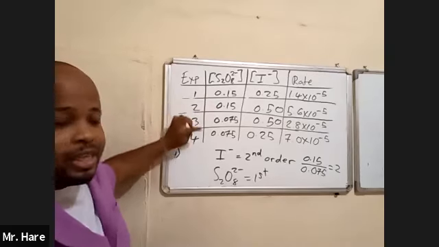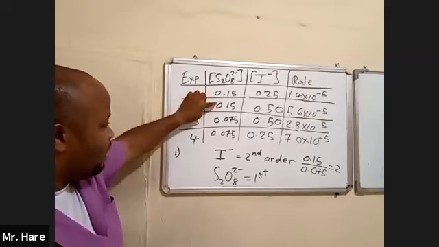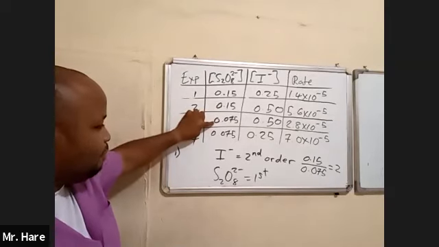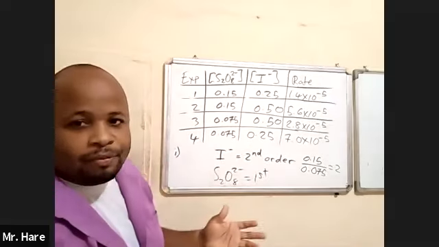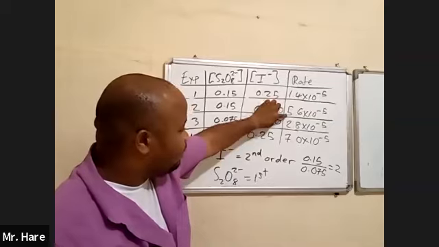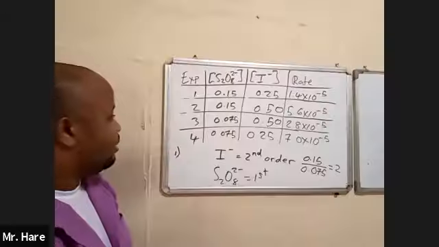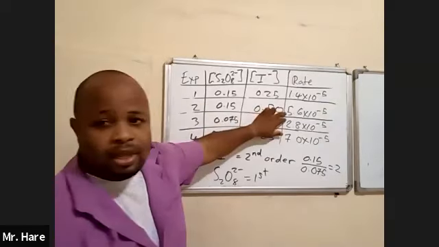We're decreasing the concentration from 0.15 to 0.075, so we cut it in half. What happened to the rate? It also decreased. We cut it in half. Exactly. So we cut the concentration in half, and the rate was cut in half.